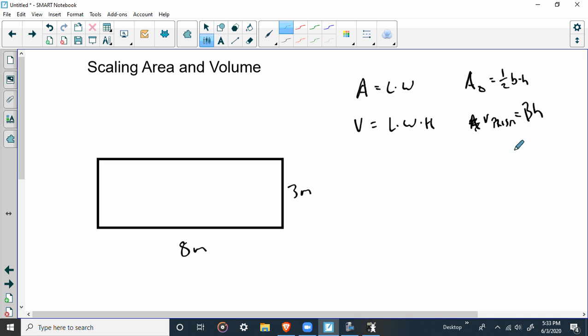Or if it was a cone, volume of a cone, 1/3 pi times radius squared times the height, 1/3 the base times the height. Or if it was even a cylinder, volume of the cylinder, same thing, but it was pi times radius squared times the height.